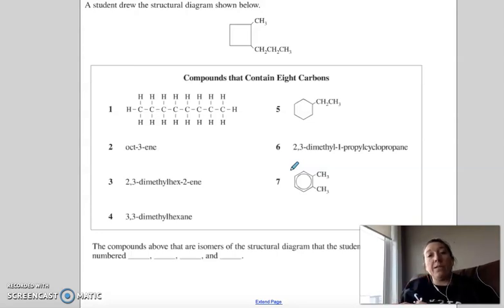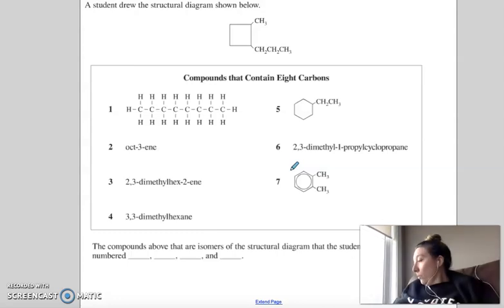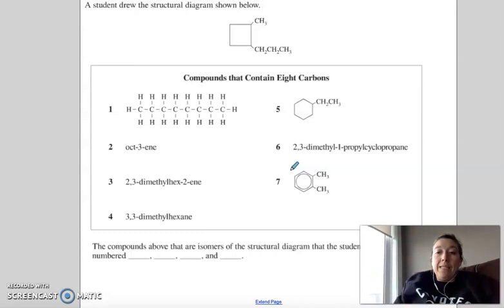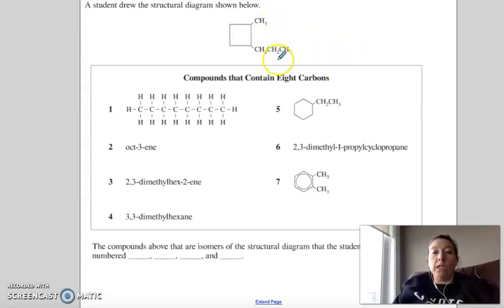We said an isomer has the same number of C's and H's, but it has a different name and a different structure. What you're going to find is actually pretty helpful in a question like this is to think about your general formulas, because knowing my general formula is going to help me eliminate some things really quickly and keep other things in the mix.